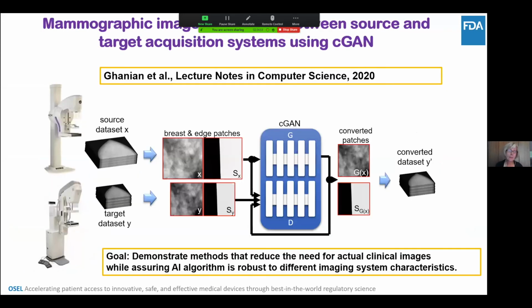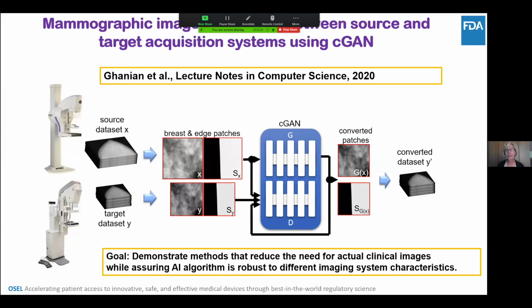Here's another example. We appreciate, and there have been a lot of discussions of this point, that a company may have access to one clinical device and the data that results from it for developing an AI algorithm. In this example of mammography, imagine that you have one mammographic system and you've developed a successful AI algorithm, and you would love to be able to bring to the FDA a claim that you could apply your algorithm to a host of other imaging systems.